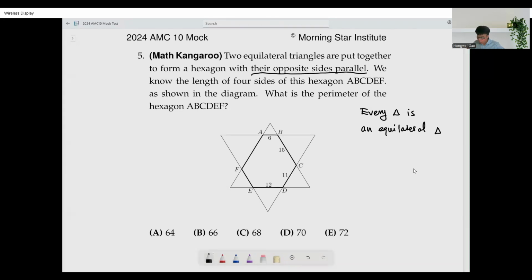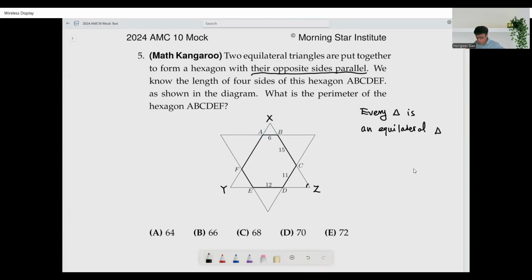For example, we know the angle here, let me call it X. Angle X is 60 degrees. But AB is parallel to YZ, so angle XAB is also 60 degrees. Angle XBA is equal to angle Z, which is 60 degrees. So triangle XAB is an equilateral triangle. Similarly, any of the other triangles is also an equilateral triangle.